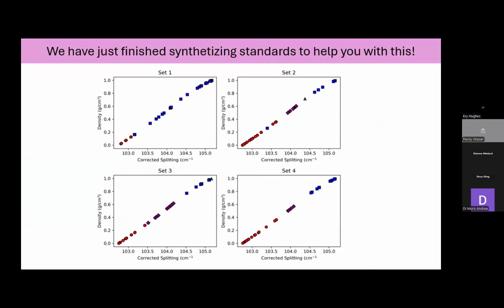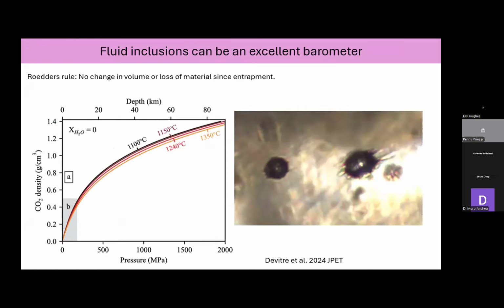So this should work. Okay, so why do we care so much about CO2 density? Obviously, for the stuff Echo talked about, it's crucial to get the total CO2 content of that melt inclusion. For fluid inclusions, it's actually even easier to get pressure from measuring the CO2 density. So basically, for a pocket of pure fluid that's trapped in a crystal, we assume it obeys Roedder's rules. The key one being there is no change in volume or change in mass.